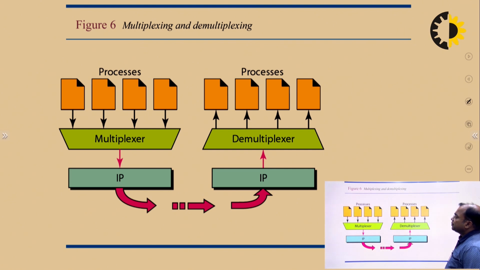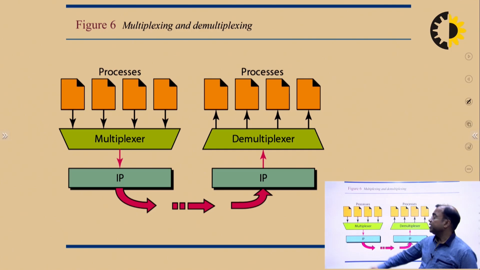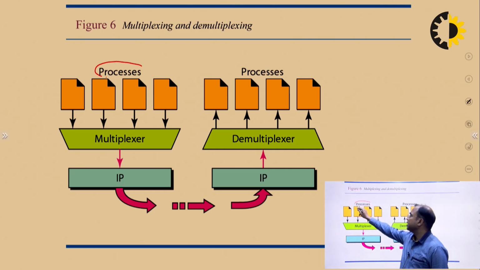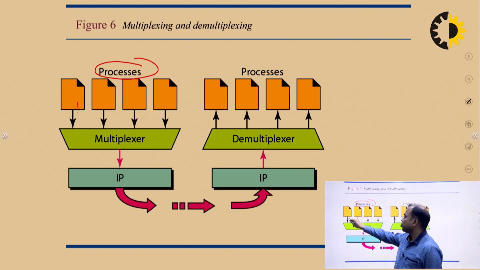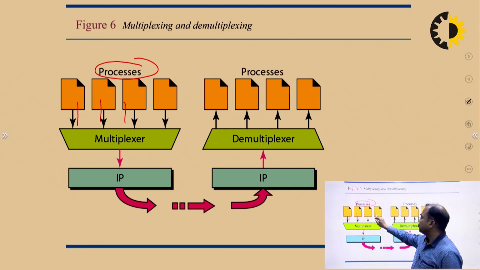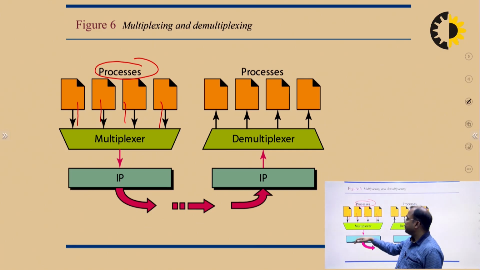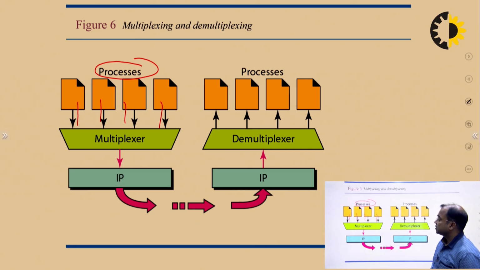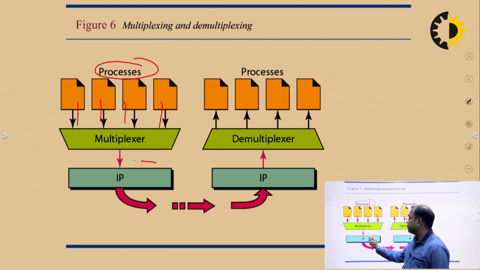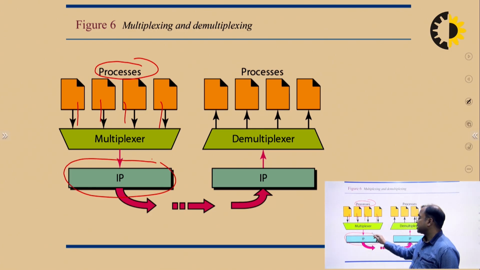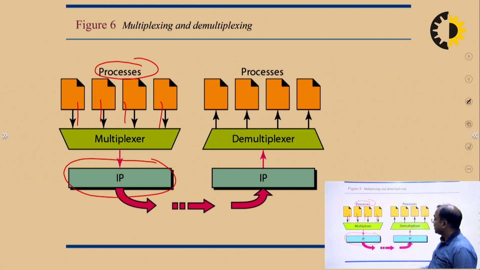Now, multiplexing. Multiplexing means that if we have multiple different processes over a network, say processes 1, 2, 3, 4, these processes are combined and multiplexed by a multiplexer, which creates IP packets, or we can say socket data, that is sent over the network.